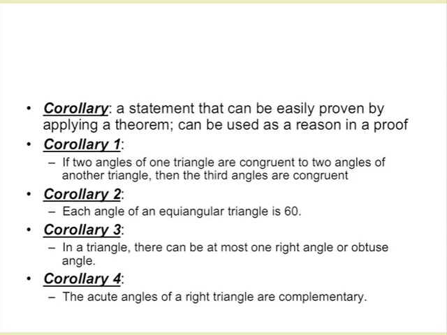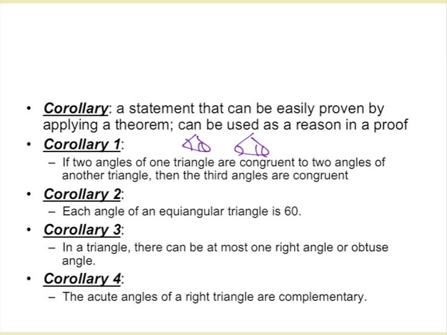So the first one says, if two angles of one triangle are the same as two angles in another triangle, the third angles have to be the same. Well, if each triangle is supposed to have 180, and I've used up the same amounts in each of them, I must have the same amounts left over. So that kind of makes sense.